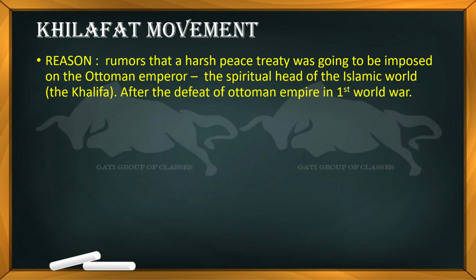There were rumors that a harsh peace treaty was going to be imposed on the Ottoman Emperor. This was a rumor. What was the rumor? That the spiritual head of the Islamic world, the Khalifa, after the defeat in the First World War, was going to have his powers reduced. This was only a rumor. So Muslims all over the world started Satyagraha.